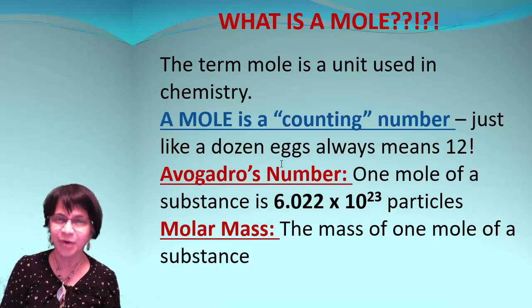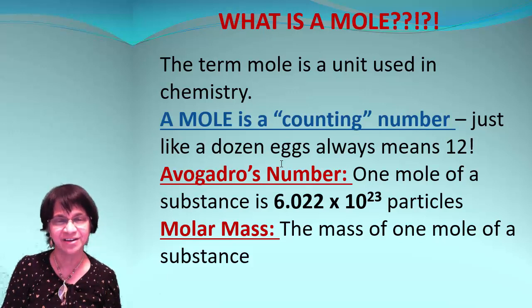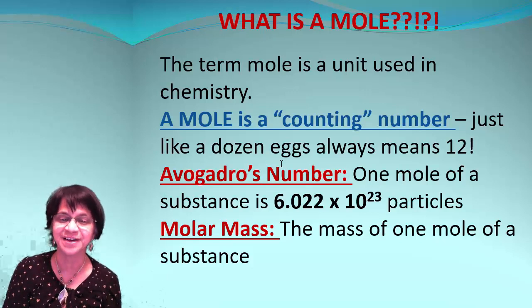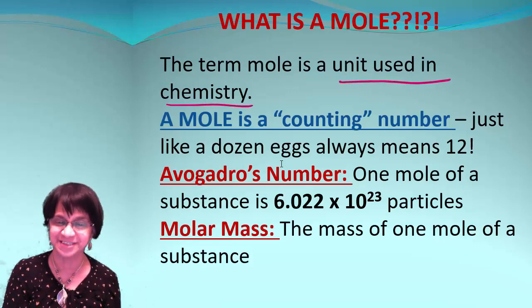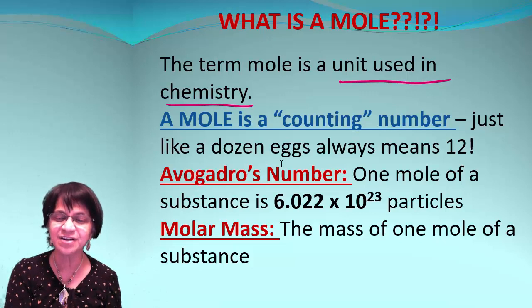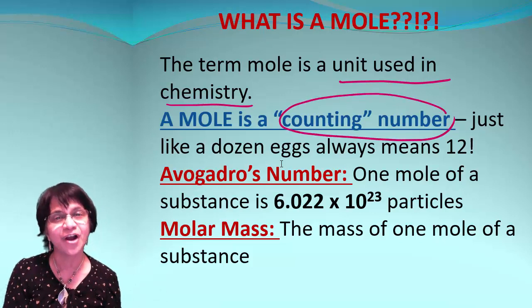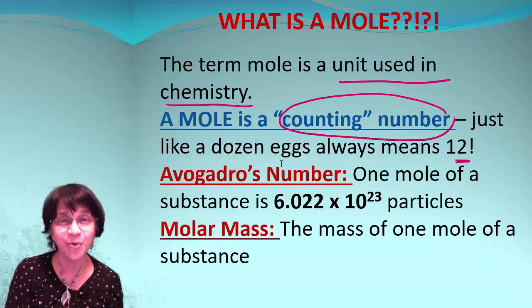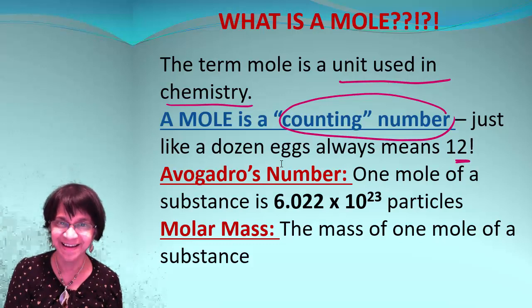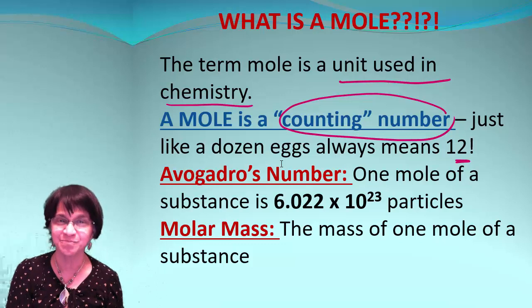But before that, what is a mole? We did cover this earlier, but just as a refresher, a mole is a basic unit used in chemistry. It's just like a counting number, the way 1 dozen is equal to 12. In the same way, 1 mole has a meaning.